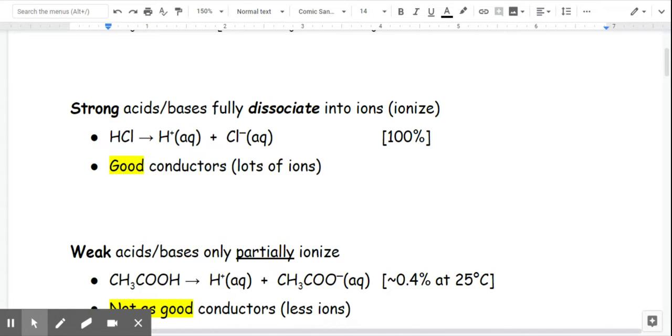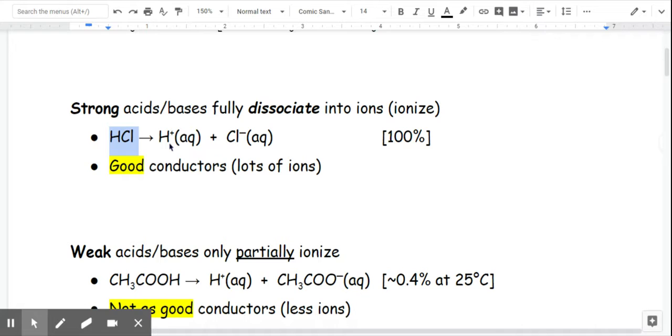So a strong acid fully dissociates into ions. In other words, it 100% ionizes. So hydrochloric acid is our classic strong acid. When you put that in water, you will not find an HCl molecule anymore. All you will find are H plus ions and Cl minus ions. The H plus ions actually hook a ride onto a water molecule, so you would actually see those as H3O pluses, but never mind that.